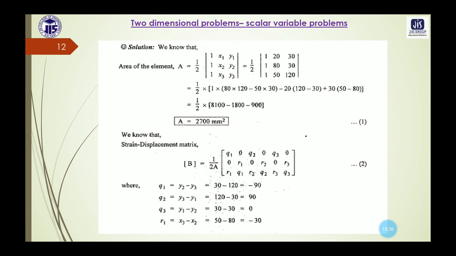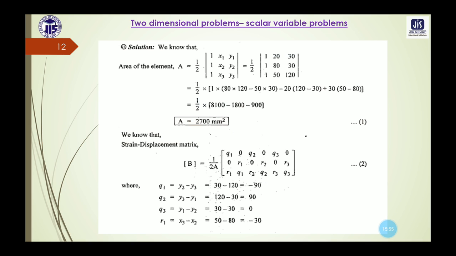Next we need to find the strain displacement matrix. The formula of the strain displacement matrix, that is the B matrix, is 1 by 2A multiplied by a 3 by 6 matrix.